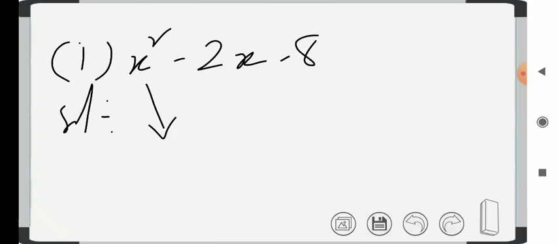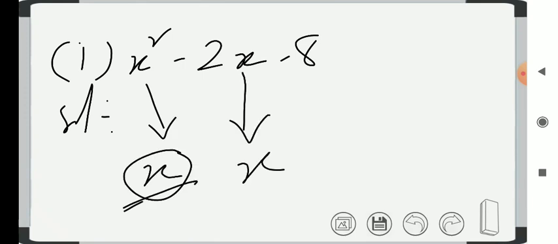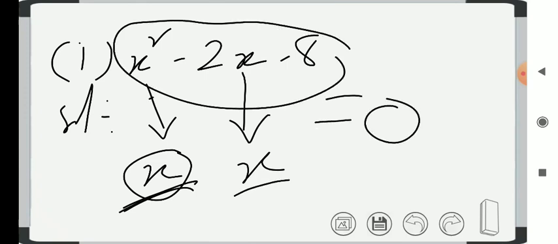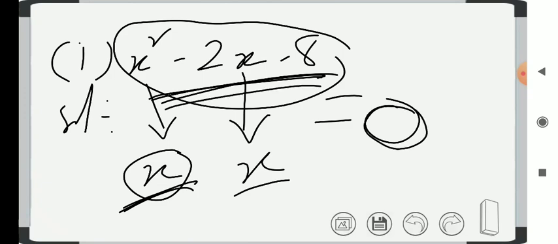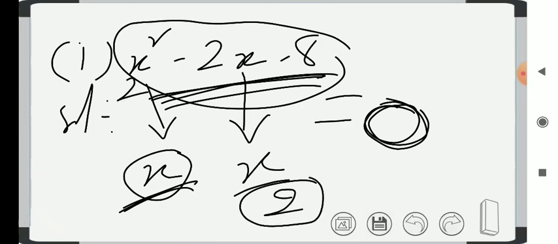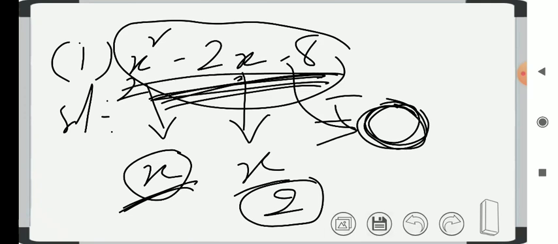If we substitute any number for x, and the overall answer turns out to be 0, then that value of x is the zero. For example, if I substitute x as 2, 2 square minus 2 into 2, and the polynomial becomes 0 after calculation, then this 2 is called the zero of the polynomial.